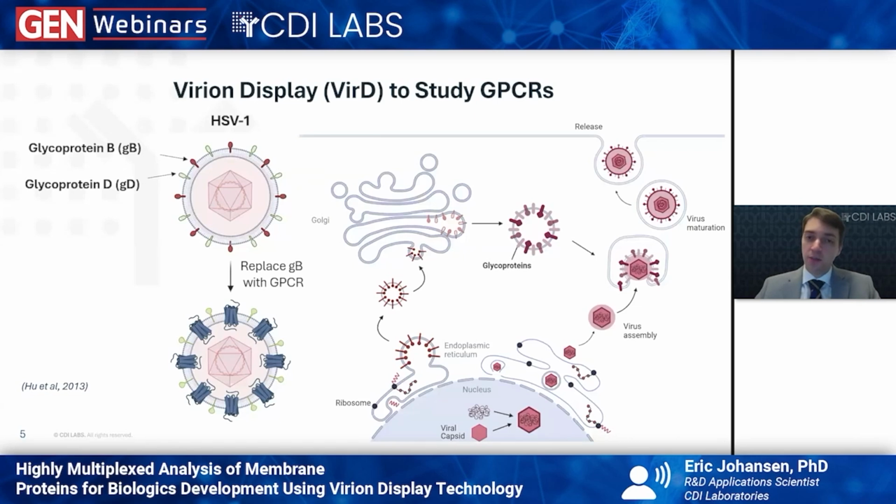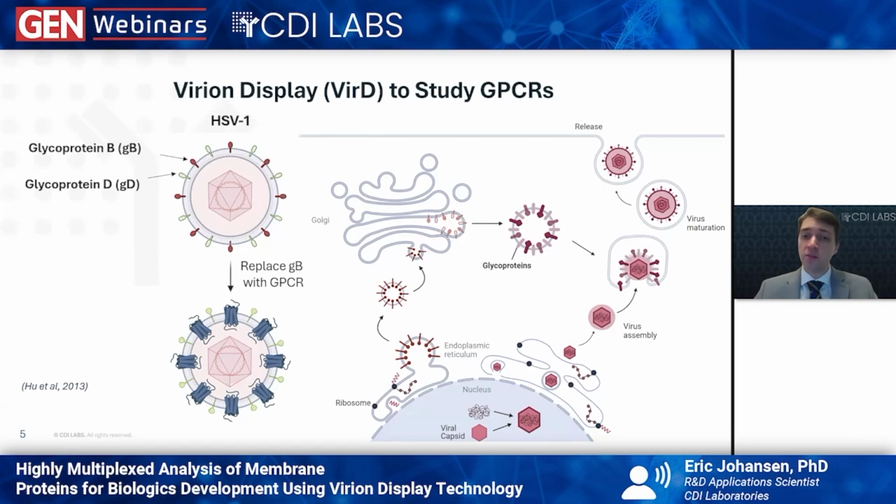As the virus is being assembled, it's going to derive its lipid envelope from the Golgi apparatus. And this is important for membrane proteins because endogenously, when GPCRs are being expressed, they too will move through the secretory network in order to get decorated with many different types of post-translational modifications before ultimately being expressed at the plasma membrane.